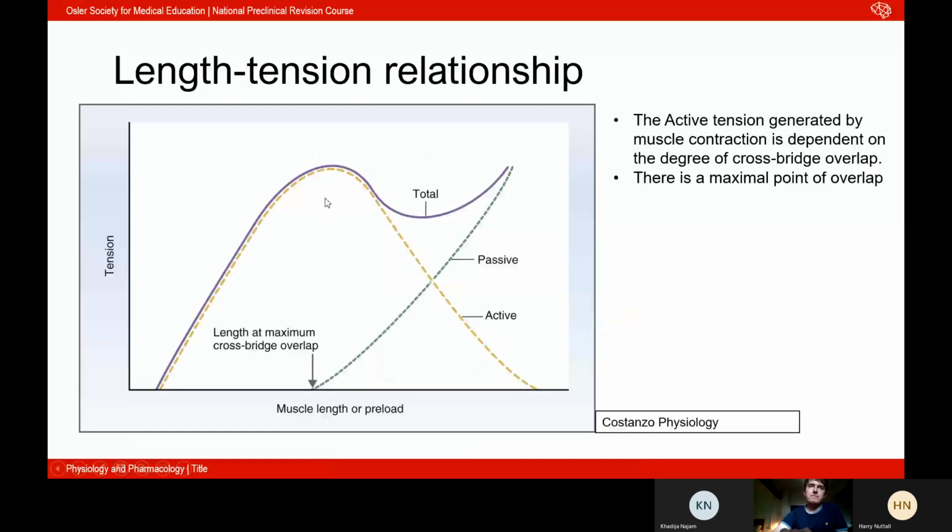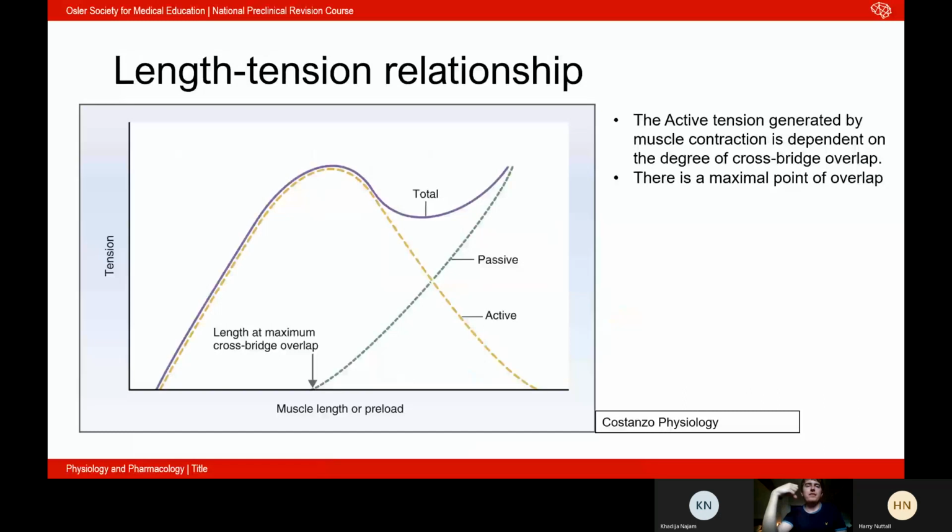But the tension generated by the muscle is greatest at the length of the maximum cross-bridge overlap, and that's an important consequence. If the length is shorter than that, then some of the myosin heads can collide with myosin heads from other myosin molecules, and so the tension generated is submaximal.